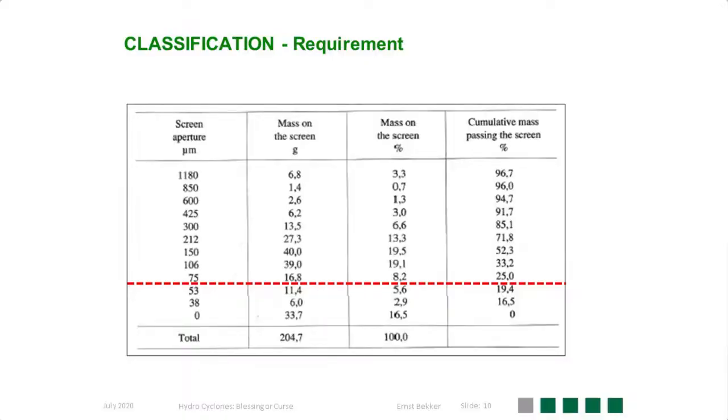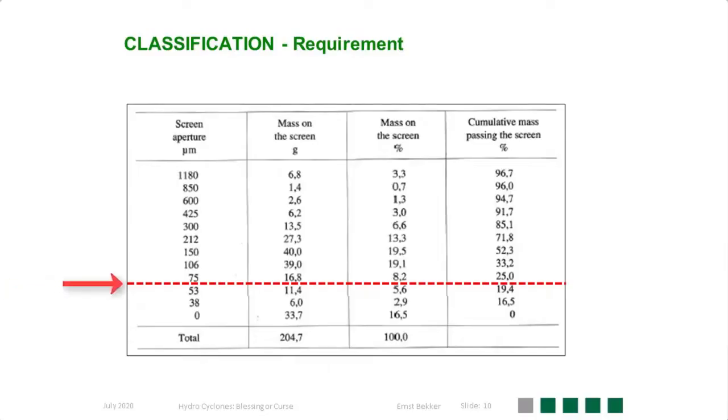A sample has been screened at different size fractions, and if you as a client decide that you want to separate just above 53 microns, everything below 53 microns should go in one direction, and everything above 53 microns should go in a different direction. In addition, you want a mass split of roughly 20% going with the fine fraction.